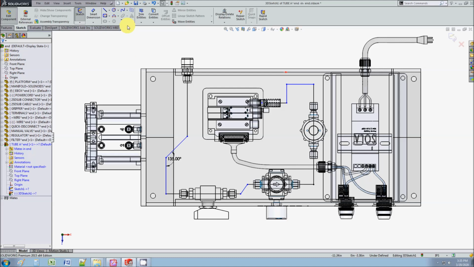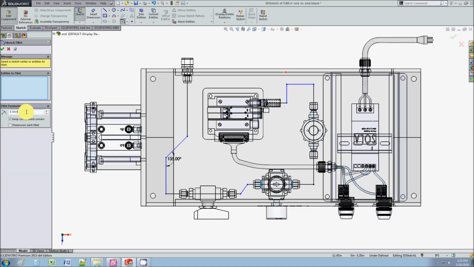Now I'm going to add a 0.5 fillet on each of these corners, because remember, we're looking for laminar flow. When you're using tubes, that's your opportunity to add as much of a radii as you can. As you can see here, now it's a lot cleaner, and I now have a completed path.